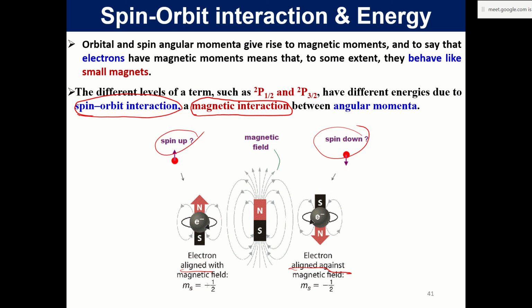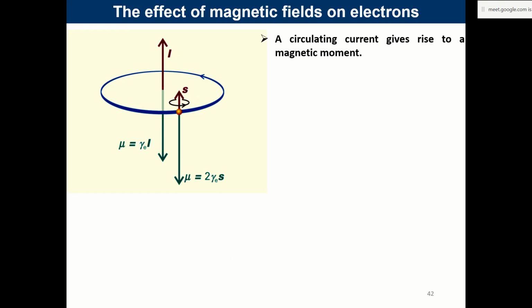Don't only memorize the steps, that L plus S, L minus S, whatever happens; how it happens, you should have a 3D visualization. It is a magnetic interaction between the angular momenta, and that's what we were specifying.